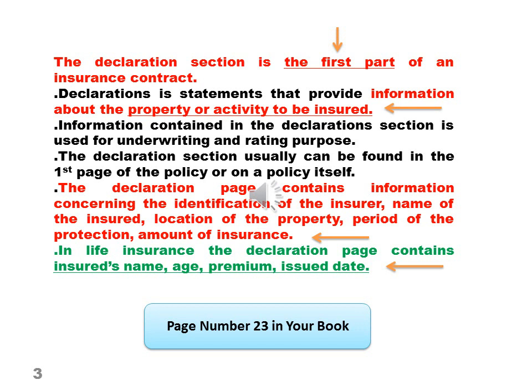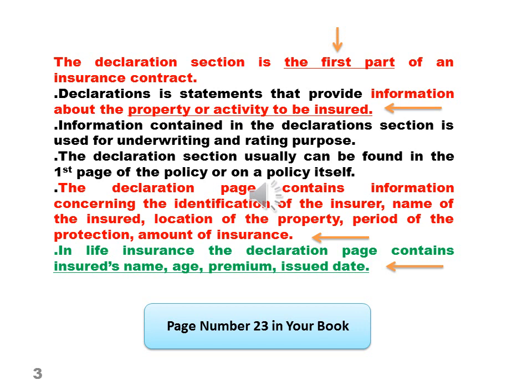In life insurance, the declaration part contains the age of the insured person or individual, the premium, and the issuing date. So you must notice that very closely.